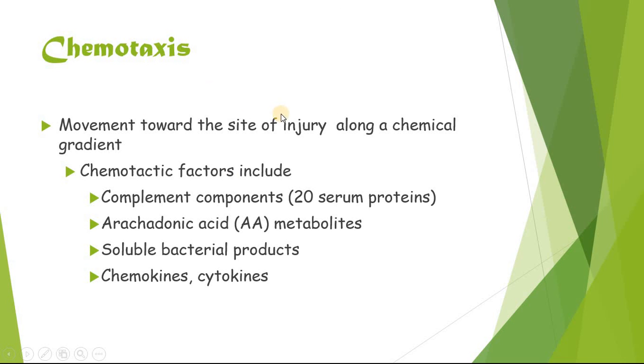How? What will they do? In the station, there are receivers for them. There are complements, arachidonic acid metabolites, and other chemokines, cytokines, and bacterial products to receive the cells. They will receive the leukocytes and take them to the final site for fighting.